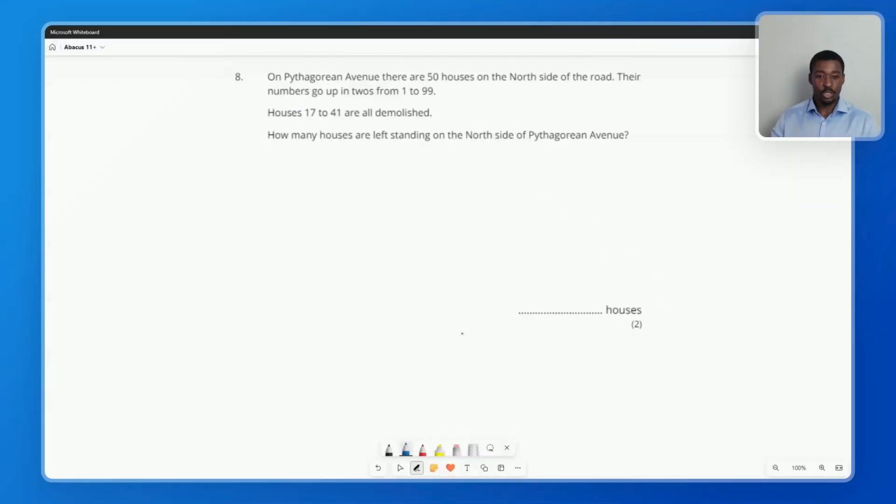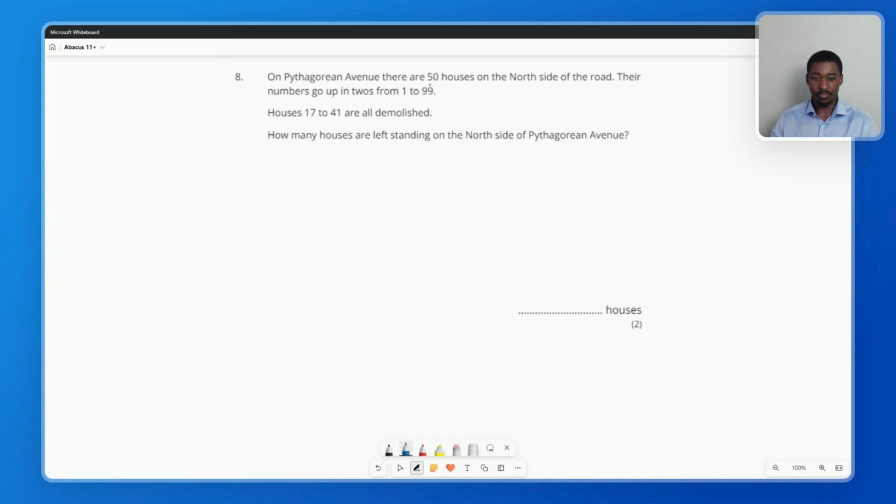Okay, so for this question, we're told there are 50 houses on the north side of the road, and their numbers go up in twos from 1 to 99. But then we're told that houses 17 to 41 are unfortunately demolished. So how many houses are left standing on this north side of the road?